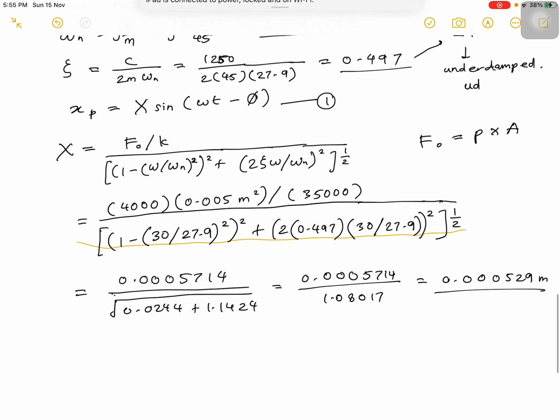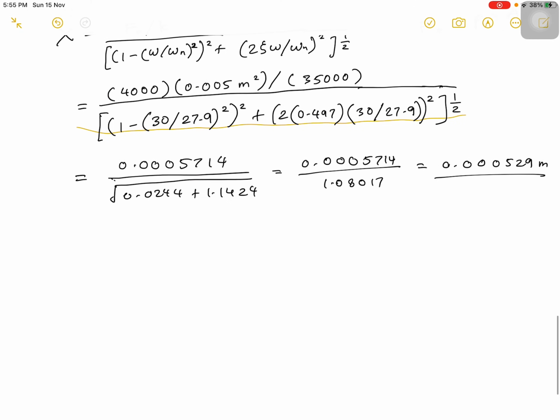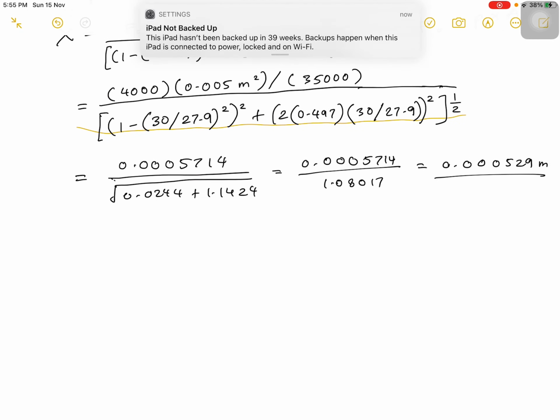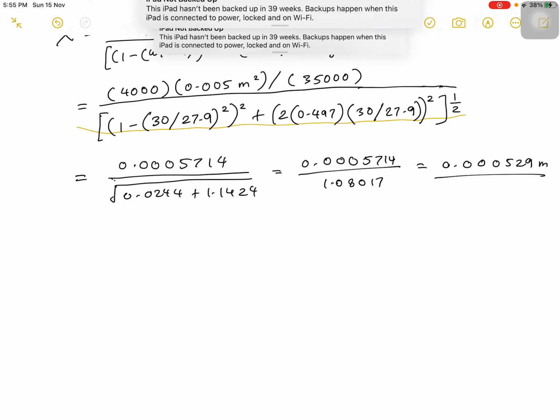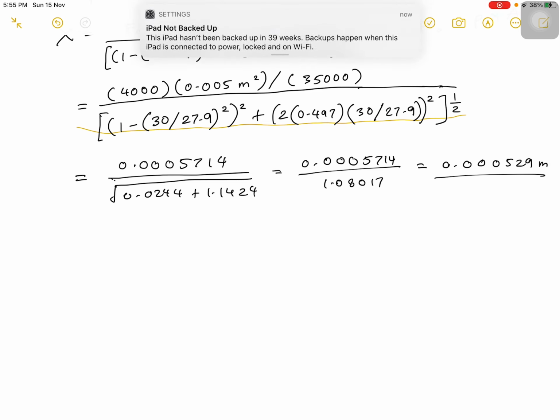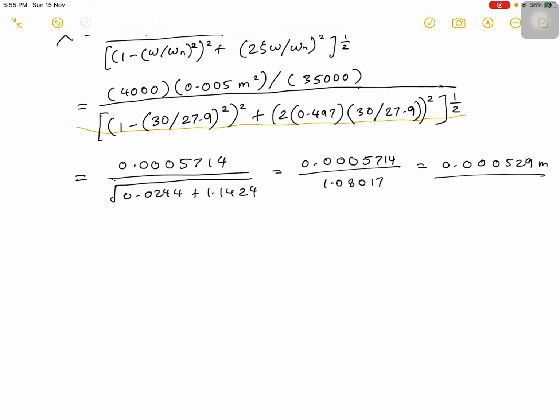Alright, hopefully you are still with me. So after we get the amplitude, now we can calculate the psi. For the psi, we have the formula.